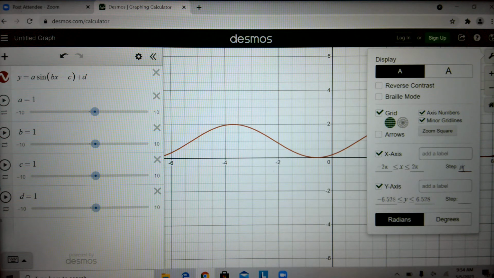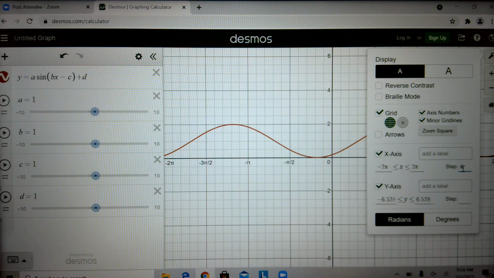So your steps, I want to go ahead and put in as pi. So now notice our x-axis, we have negative pi over 2, we have negative pi, we have negative 3 pi over 2, and negative 2 pi. So it's going to see a little more of what we see. So now we're in more of a radian measure than we are in just normal values.